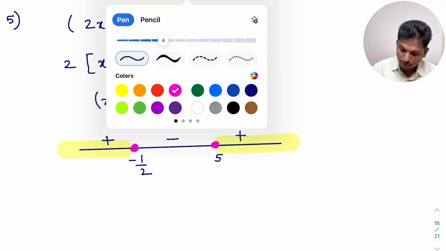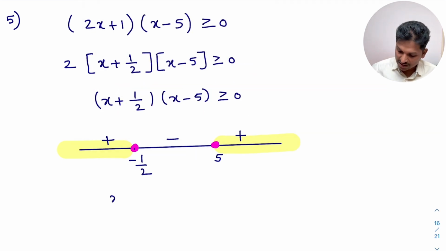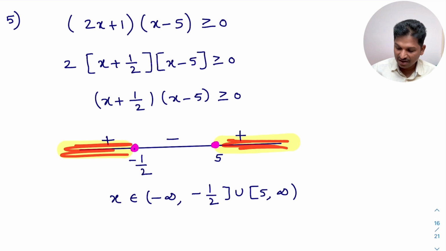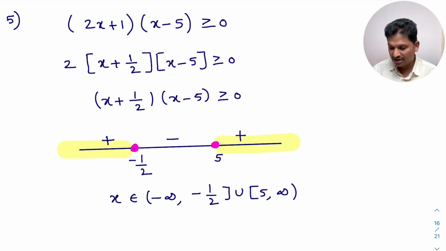So what is the solution of this inequality? x belongs to the shaded part, the yellow colored one: minus infinity to minus 1 by 2, closed bracket as the greater than or equal to symbol is there, union 5 to infinity. Whatever this yellow colored part is, that is the solution of this inequality.